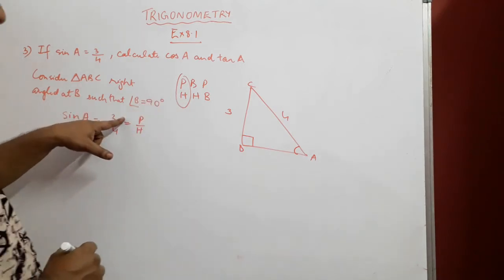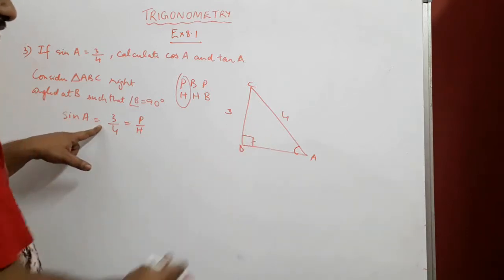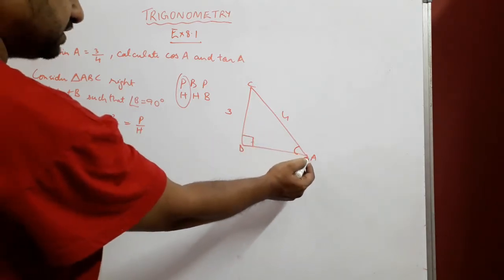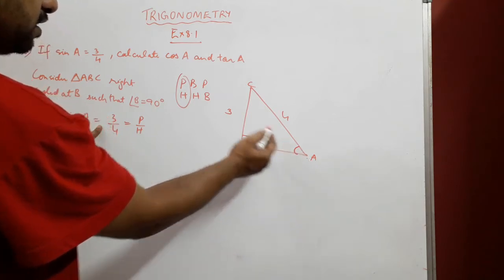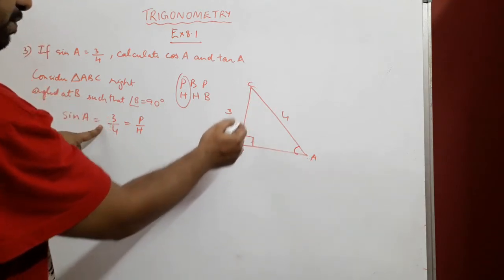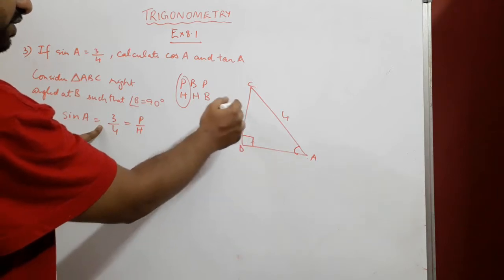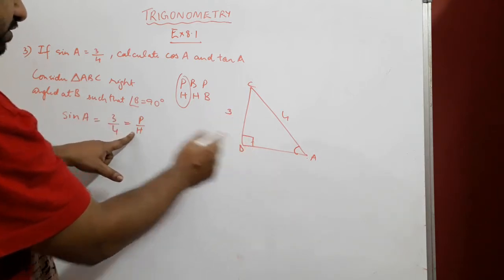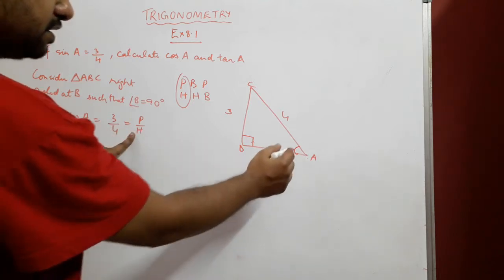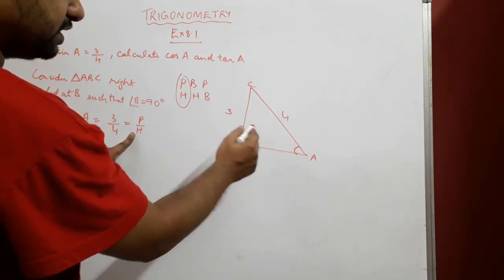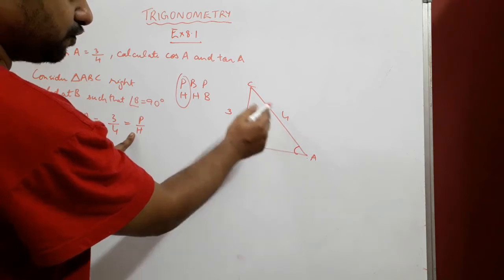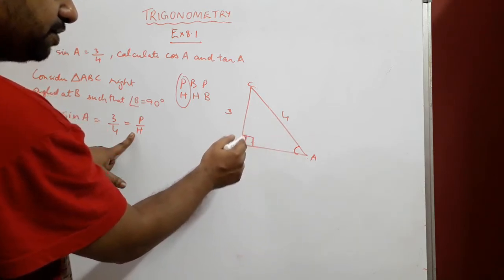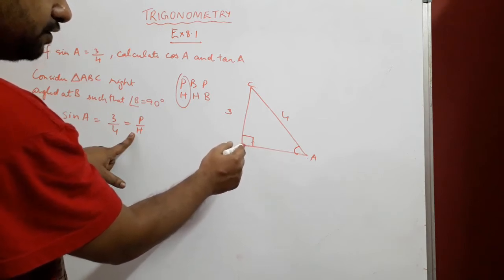Without drawing where exactly it is right angled, if we take this as angle A, the side opposite to it has to be the perpendicular. So this has to be 3, and if the hypotenuse is 4, this has to be 4. The angle opposite the hypotenuse has to be the right angle. That is why we have it over here.